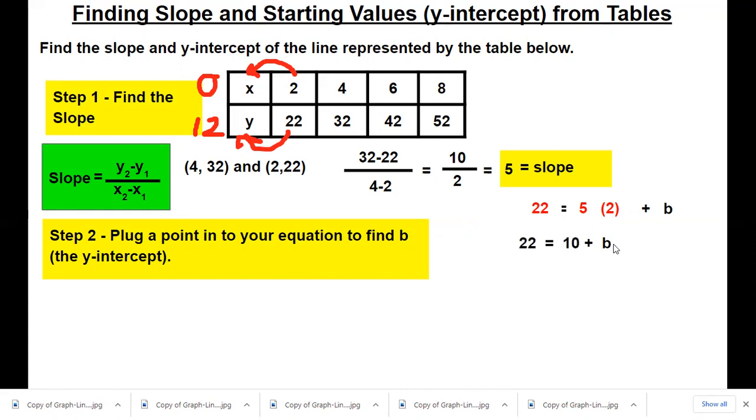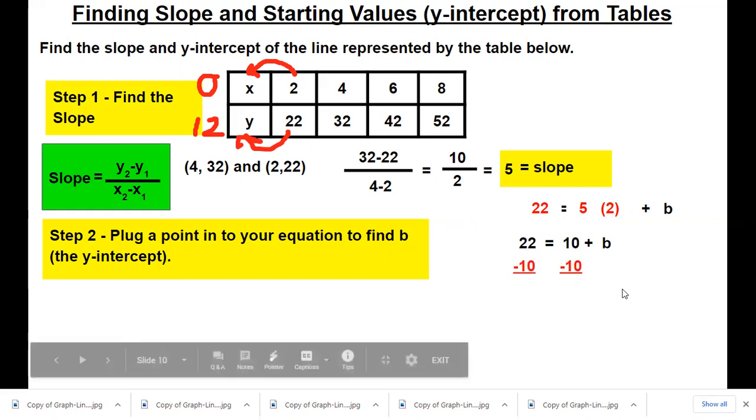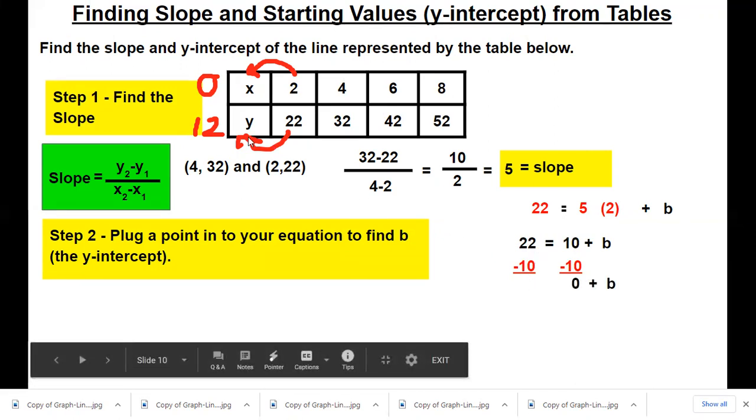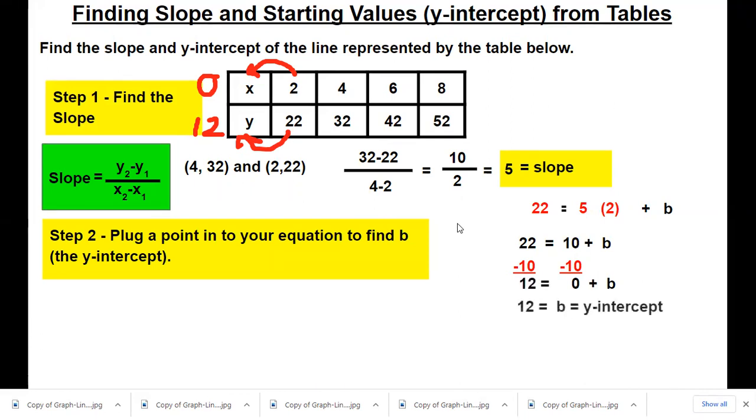So I have 10 plus b, and then 22 stays 22. Now, how do I get rid of the 10 on this side so that b is all by itself? I subtract 10 from both sides. These 10s will cross off, and I'll be left with 0 plus b, right? And then on this side, it's 22 minus 10, which is what we did up here. We got 12. So b is equal to 12. That is your y-intercept.